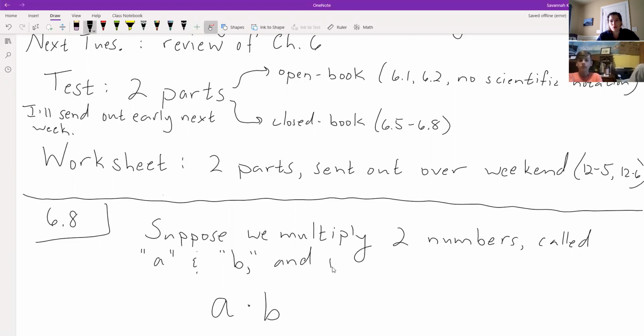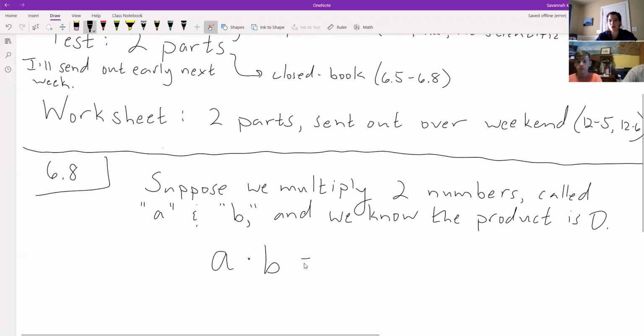Let's also suppose that we kind of know the ending of this multiplication. So the answer of a multiplication problem is called a product. So let's say we're multiplying the 2 numbers and we just happen to know that the answer is going to come out as 0. Let me think of a good way to ask this question.